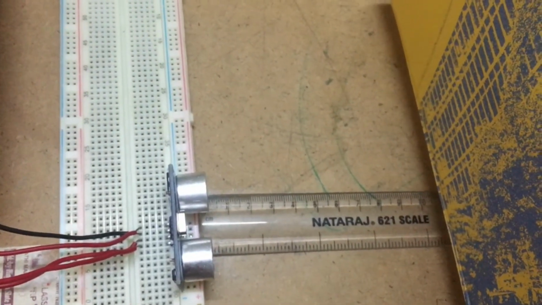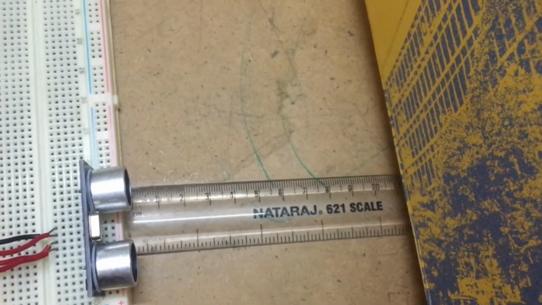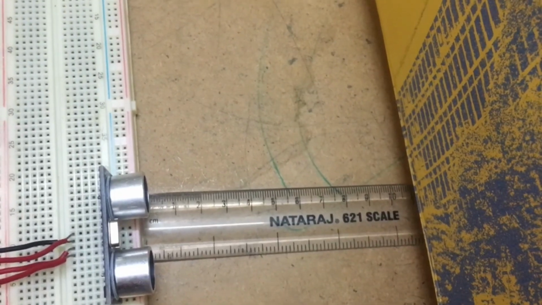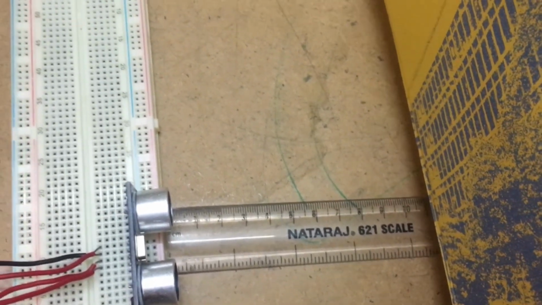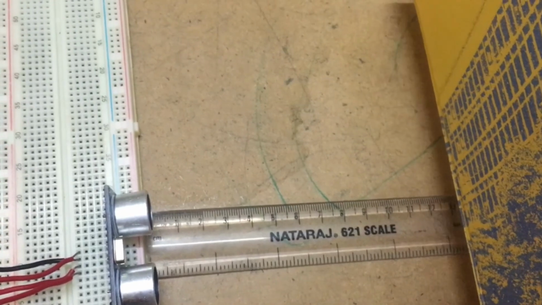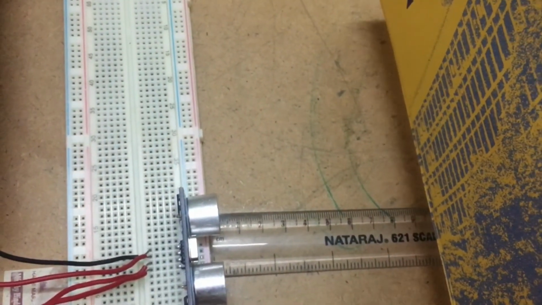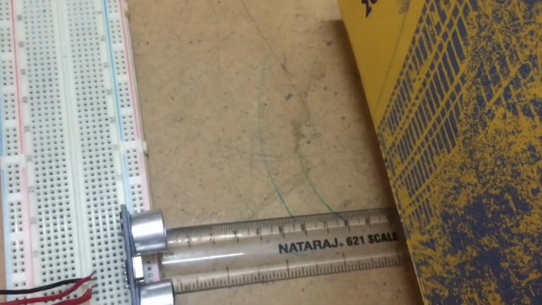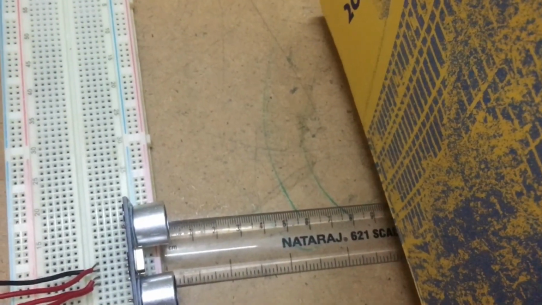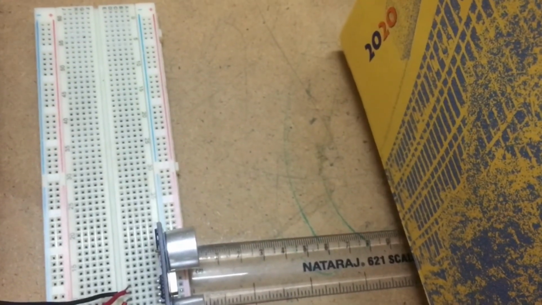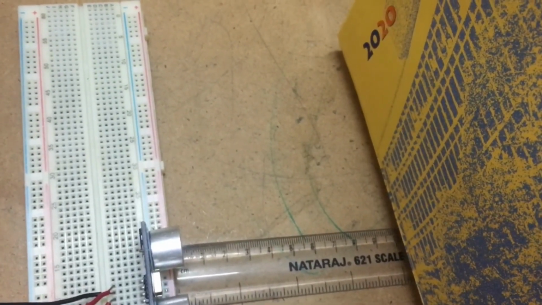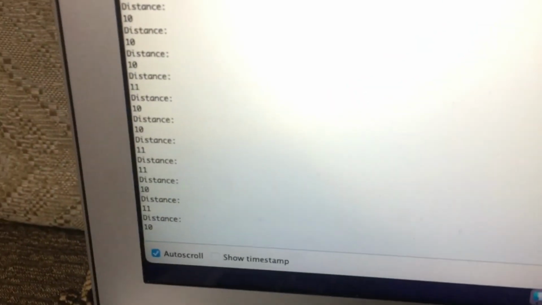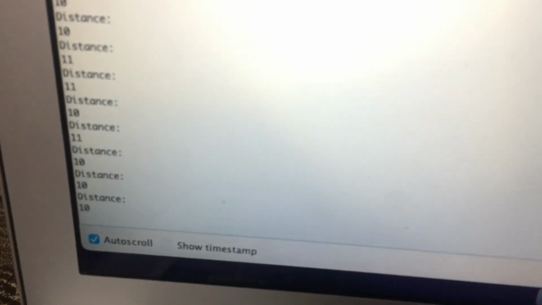You just go on moving the object, so now the object is approximately 10.9, that is 11. When you move the object, it will show the corresponding value. Now the object is at 9 centimeter. It is showing here 10. You can see the output.